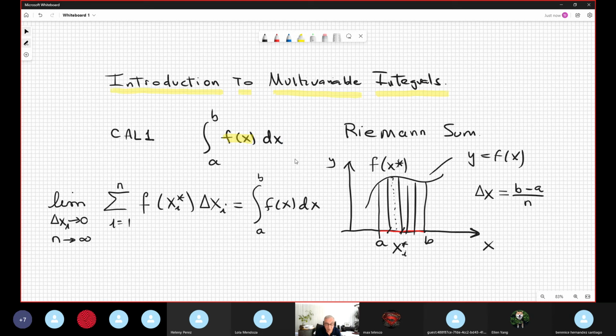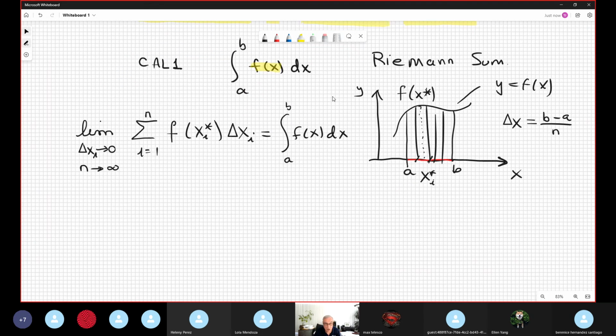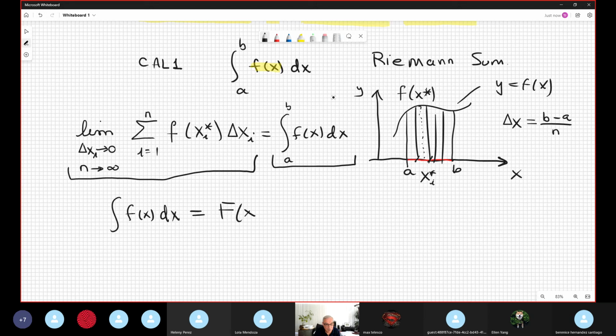With the fundamental theorem of calculus, the computation is extremely easy. The Riemann sum is extremely complicated, but this is easy because the only thing you should do is compute the antiderivative of this function, call it capital F, and evaluate it between a and b.